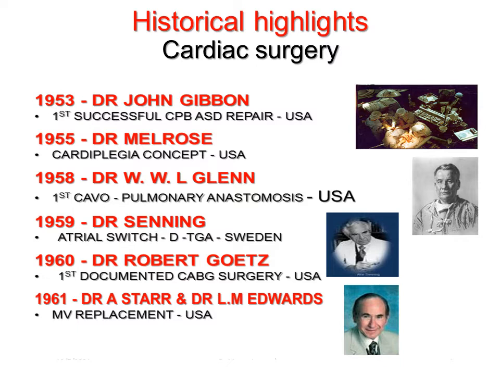In 1958, Dr. Glenn came up with the first cavopulmonary anastomosis in the United States of America, and then that was followed in 1959 by Dr. Senning, who did an atrial switch for dextrotransposition of the great arteries in Sweden. In 1960, Dr. Robert Goetz documented the first coronary artery bypass graft surgery in the United States of America.